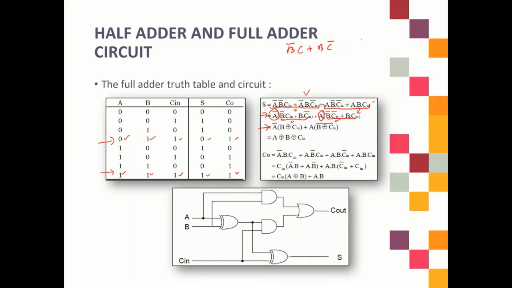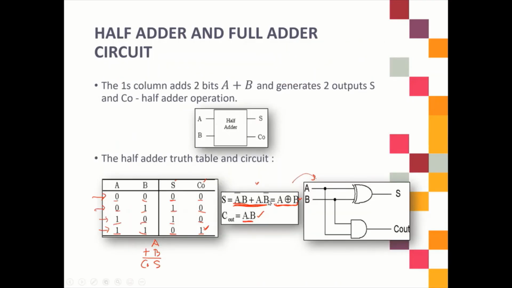So if we change to XOR, it will become B exclusive OR C. It's the same as this one, A bar B plus A B bar, which is equal to A exclusive OR B, meaning that the first variable is complemented and the second is not, plus the first variable is not complemented and the second variable is complemented, so that's why it's equal to XOR.